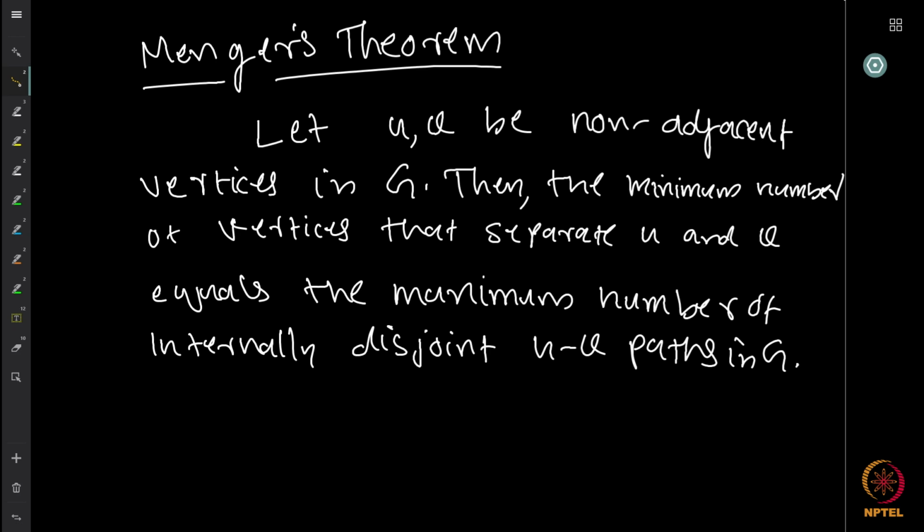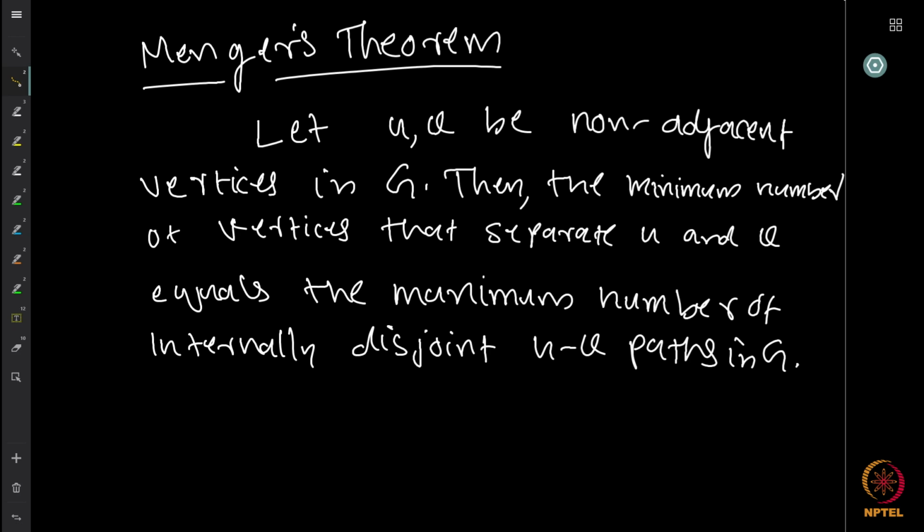So the theorem says that there is a close connection between the separating sets, its cardinality, and the internally vertex disjoint paths.